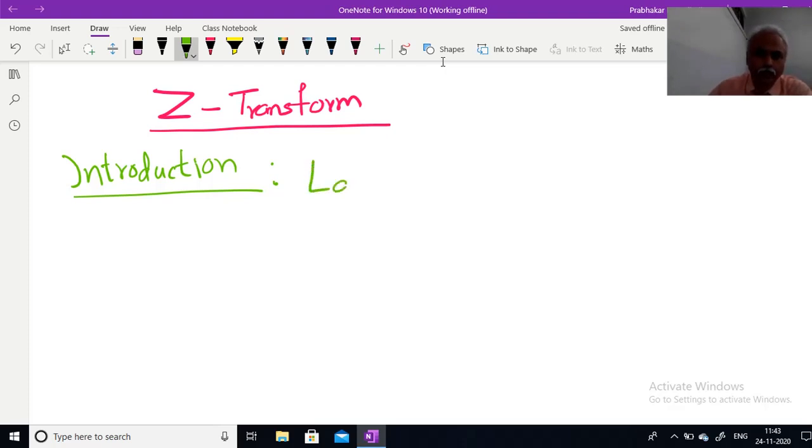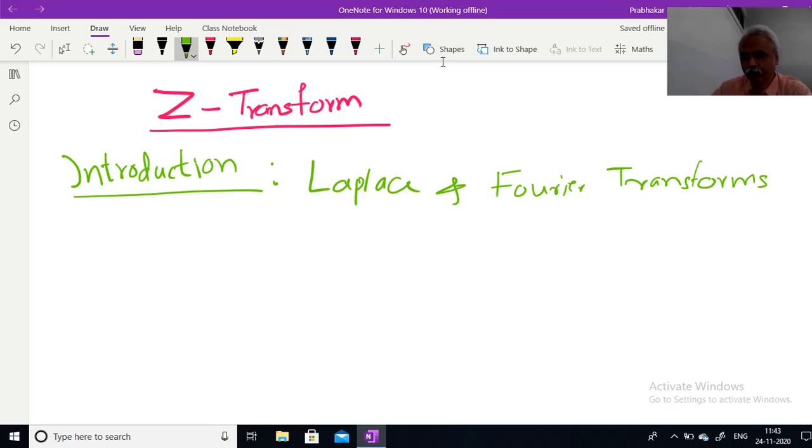See, Laplace and Fourier transforms. Dear students, no harm if you start writing along with me. Many times I have told you, please be ready with your pen and paper.